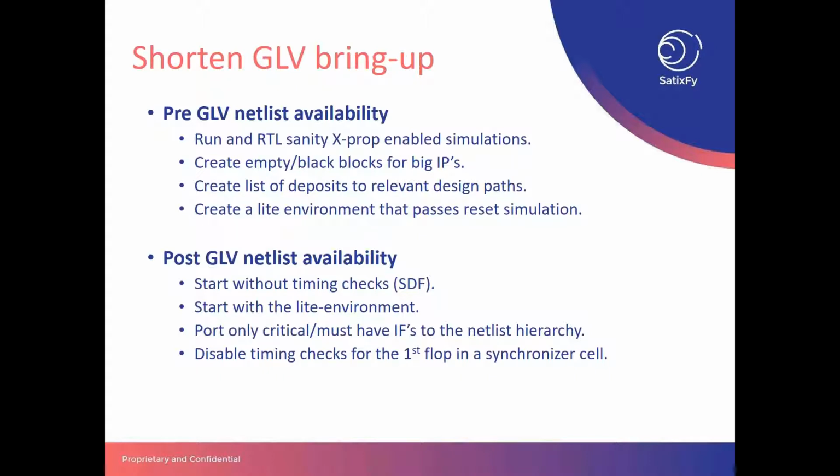It is significantly faster and easier, both in how much time it takes to compile and elaborate, and in the debug of the environment, just to see that you can at least get off the reset. So these are some basic steps that can be done during the RTL phase.